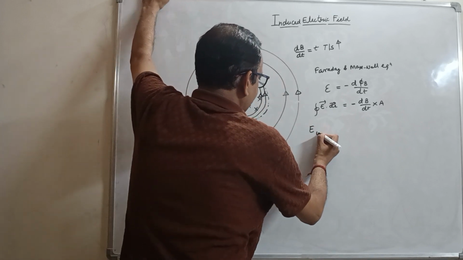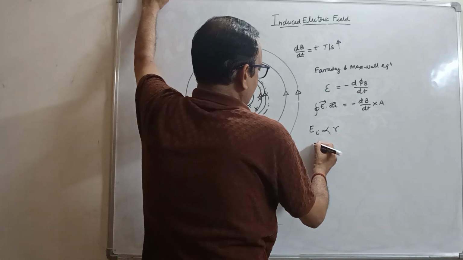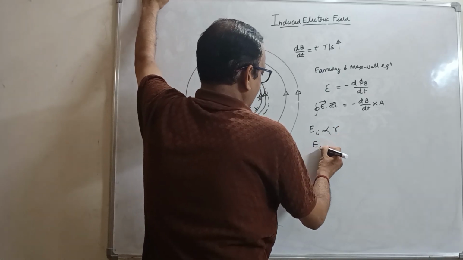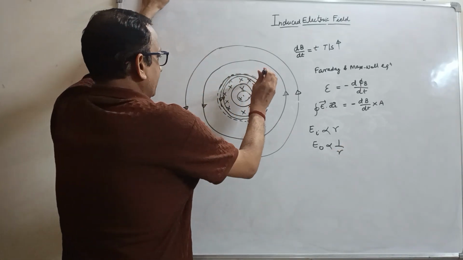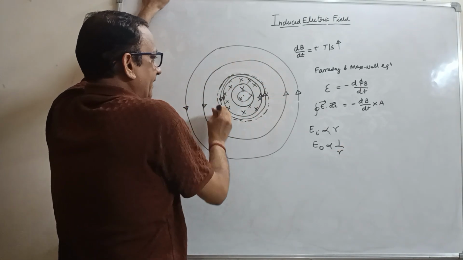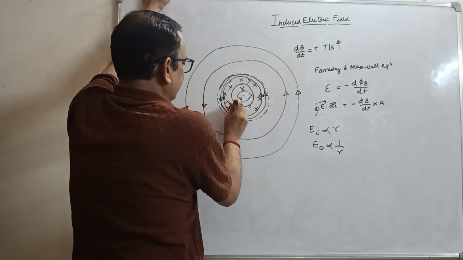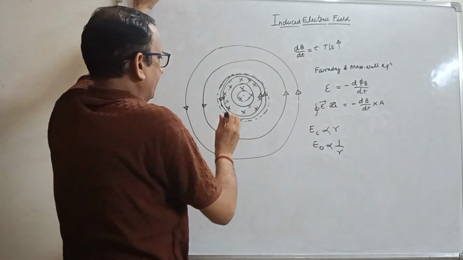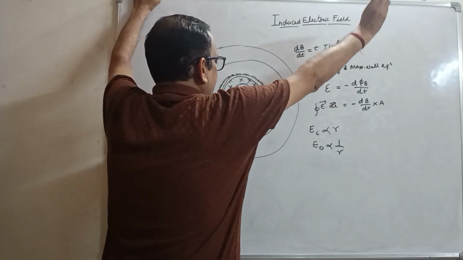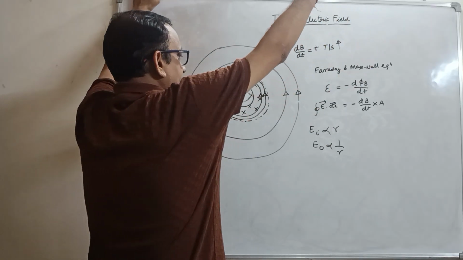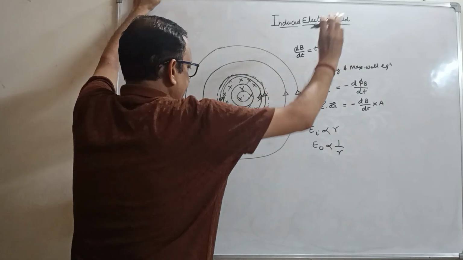So electric field inside would be proportional to radial distance, and outside it is inversely proportional. Outside the region no magnetic field exists, and the intensity of electric field on moving outward continuously decreases. Here electric field increases, here it decreases.